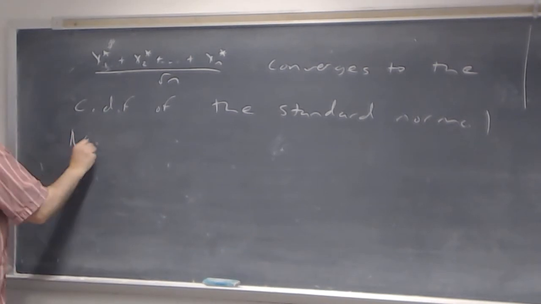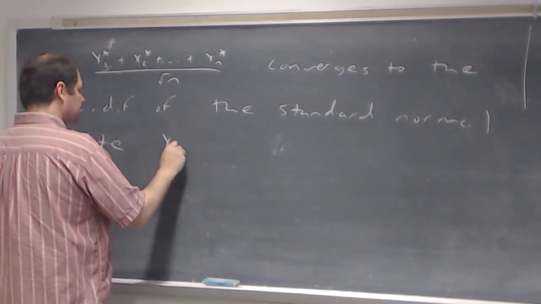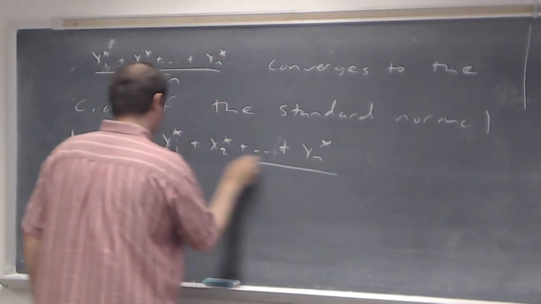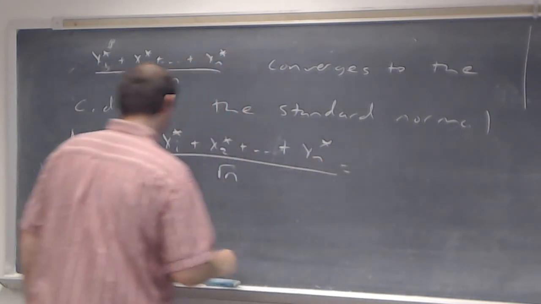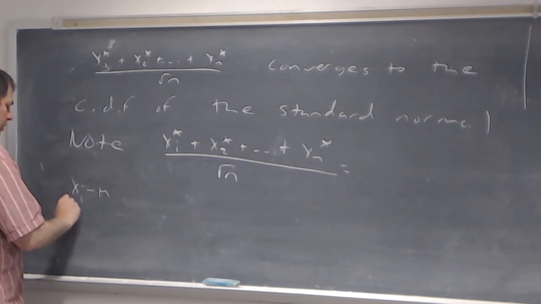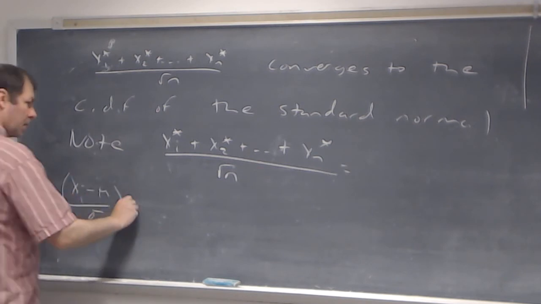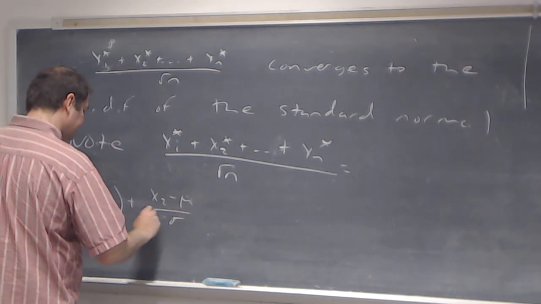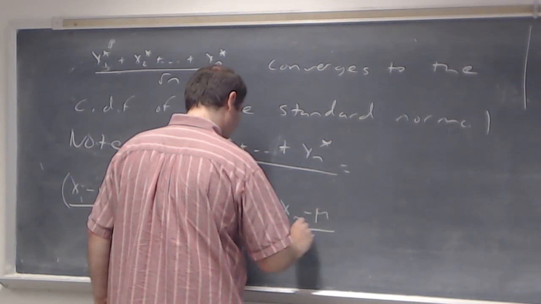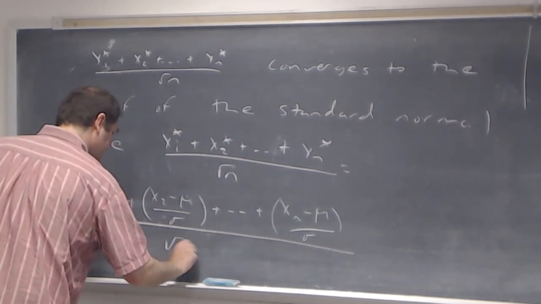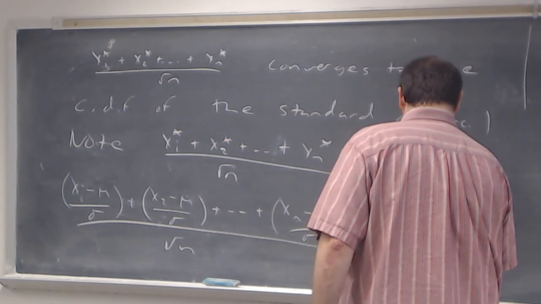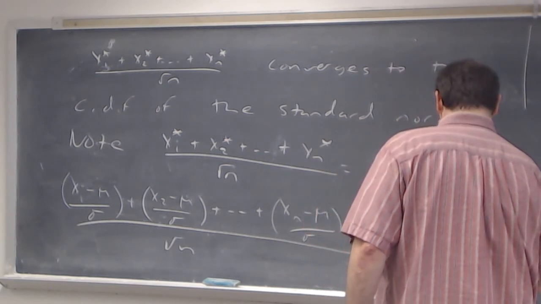Here's what we do. We know that x of 1 star plus x of 2 star plus x of n star over the square root of n is really equal to, by the definition of these x of i stars, x of 1 minus mu over sigma plus x of 2 minus mu over sigma, and we'll continue on, plus x of n minus mu over sigma, all over the square root of n, which is equal to x of 1 plus x of 2 plus all the way up to x of n, minus n times mu.